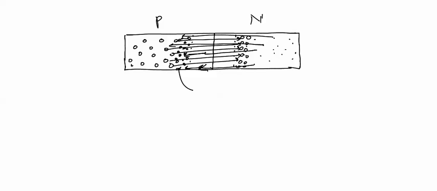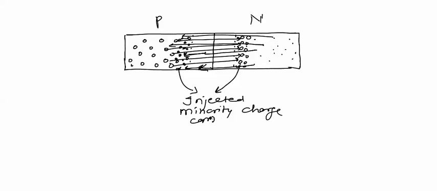These are called injected minority charge carriers, because holes in N-type are minority charge carriers.